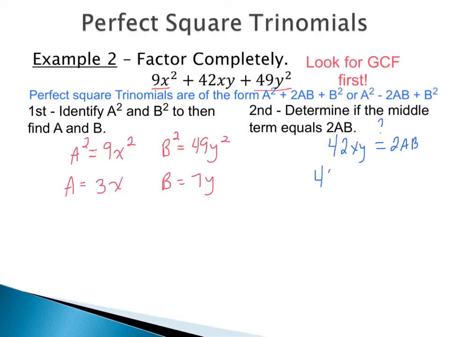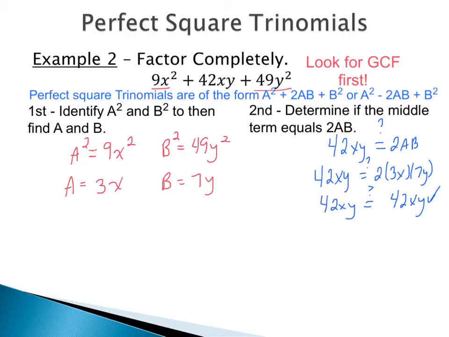The question is if 42xy equals 2 times the a that we just found, which was 3x, times our b, which is 7y. Well, 2 times 3x is going to be 6x. 6x times 7y is going to end up being 42xy. So our current middle term of 42xy does equal 2ab. As a result, that means that what we have here is a perfect square trinomial.